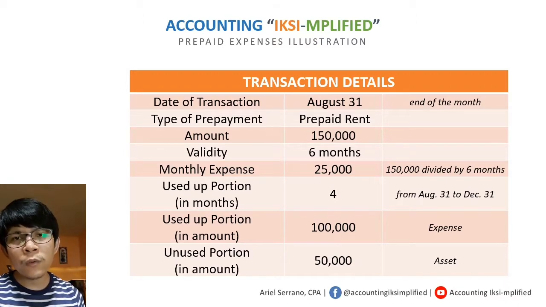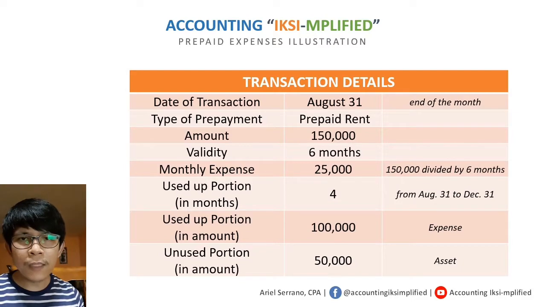How did we get this? It's August 31, but our count starts from September: September, October, November, December, 4 months. Thus, we multiply 4 months by the 25,000. Our expense is 100,000 pesos. The portion we haven't used yet, the 50,000, is the asset that remains on your balance sheet.